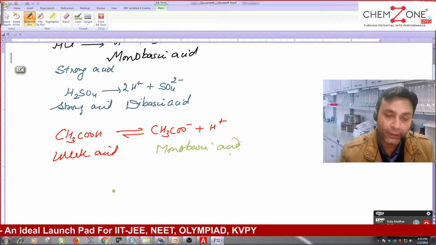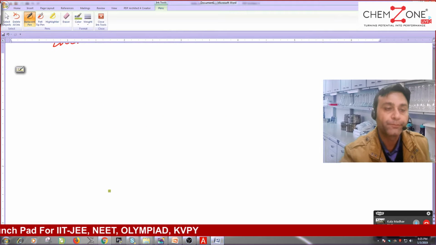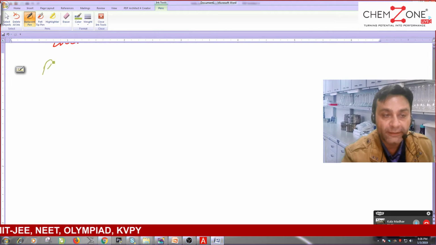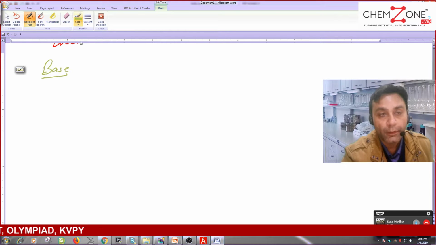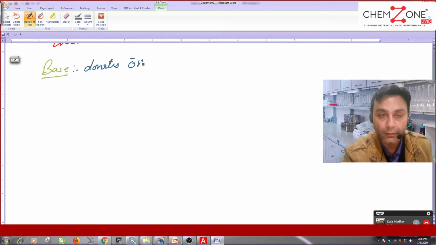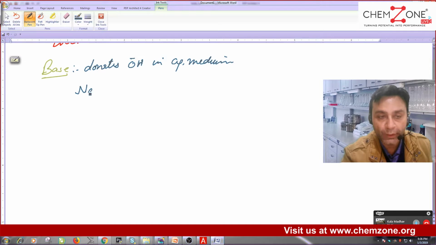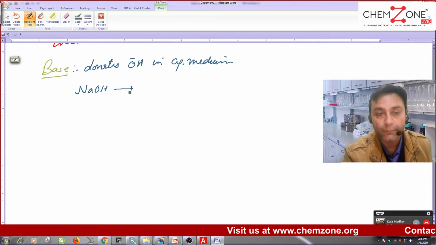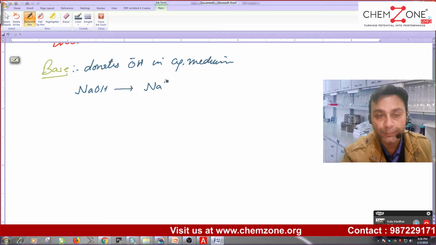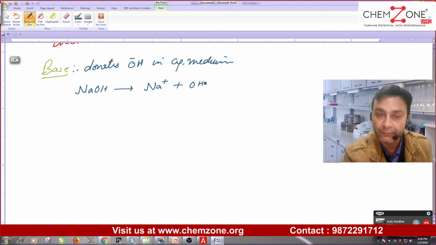And now we talk about what is the base. Base is a substance which donates OH ions, or which furnishes OH ions in aqueous medium. For example, if I say sodium hydroxide, it will form here Na positive and OH negative ion.